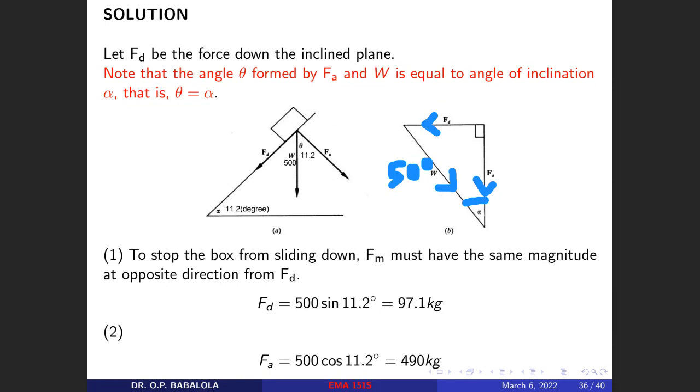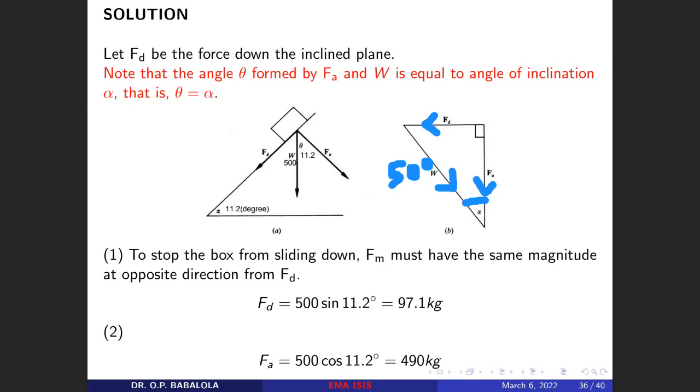Okay. So we have W to be 500. Then, do we have FA? So we're looking for the force required to stop. We're looking for FD, right?